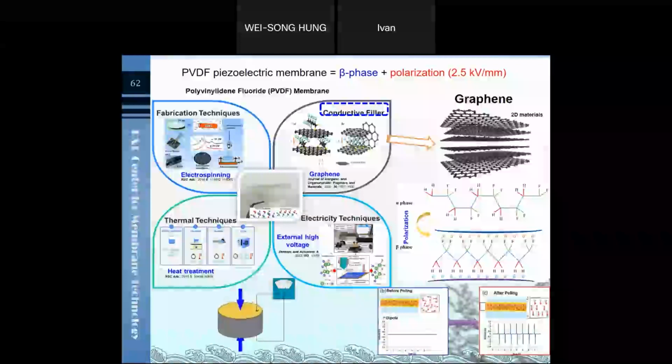This kind of treatment can prepare piezoelectric membranes.